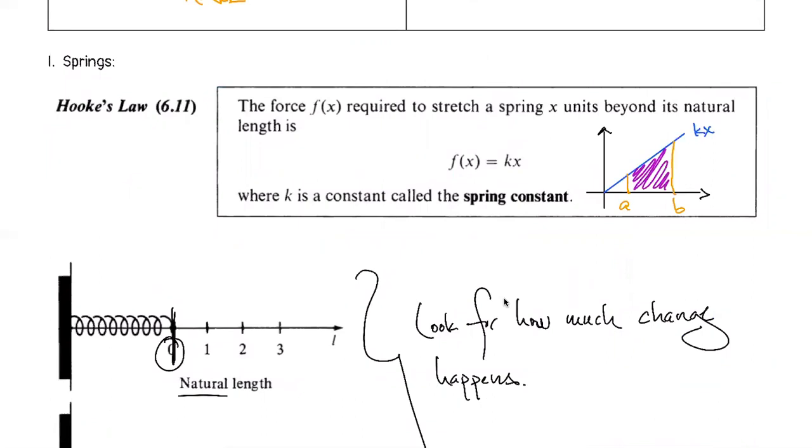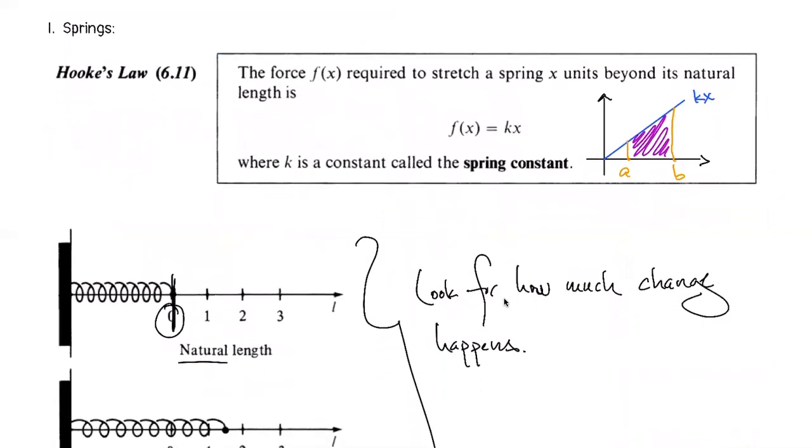So we took a look at Hooke's law, which is the application of linear force. So it's not always the constant force applied, but rather there's a spring constant that dictates how much work it's going to take to stretch or compress a spring, okay?